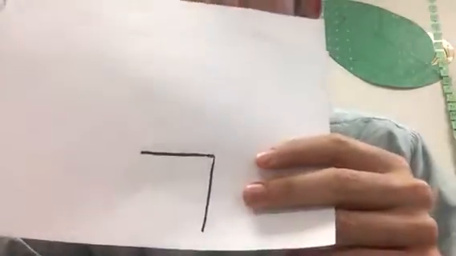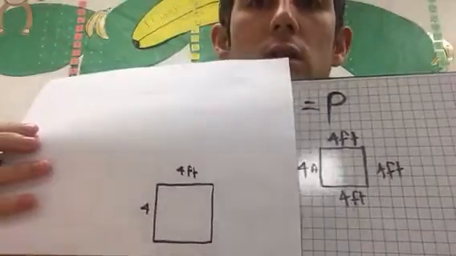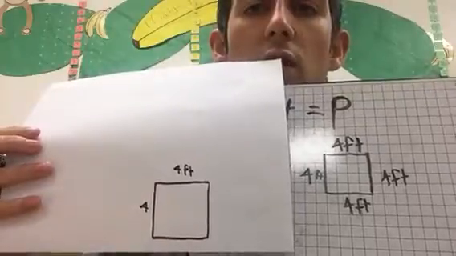1, 2, 3, 4 by 1, 2, 3, 4. Looks just like this so far. 1, 2, 3, 4. 1, 2, 3, 4. 4 by 4 feet. So this rectangle looks like this rectangle, 4 feet by 4 feet.